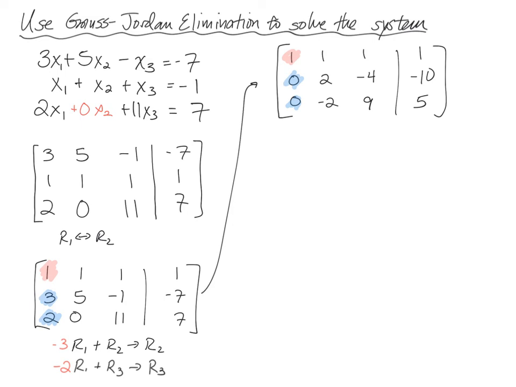The next step, again, we want to make sure we get a 1 here in the next part of the principal diagonal. So we can do one of two things. We can either row swap, I don't think that's going to do anything for us, or we can divide a row without creating fractions.